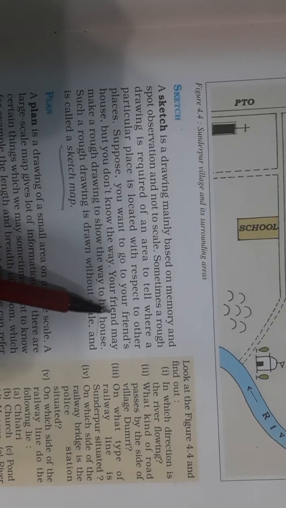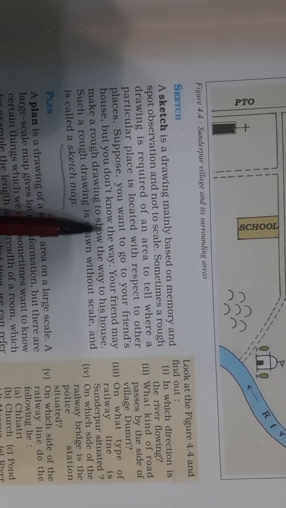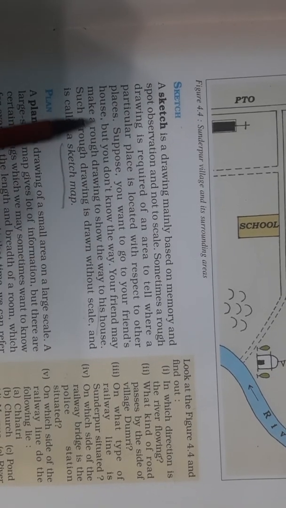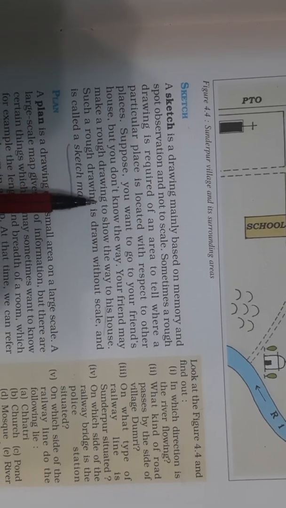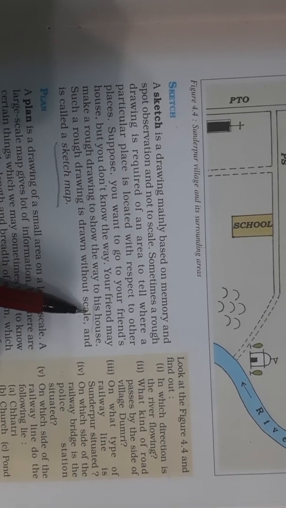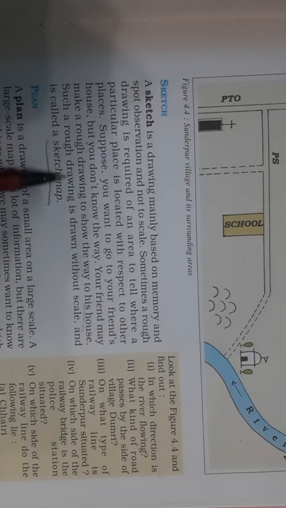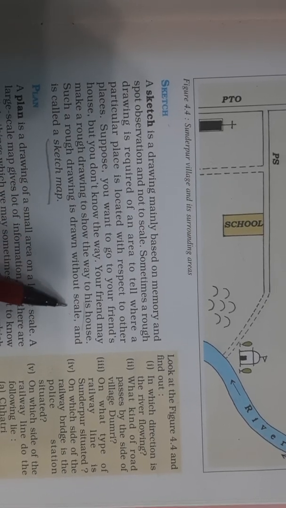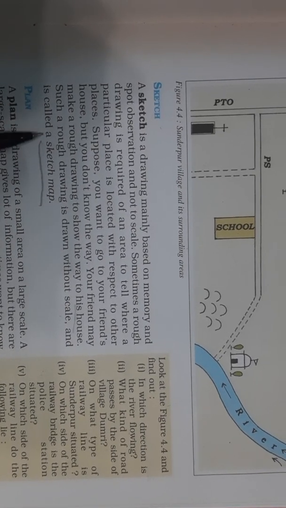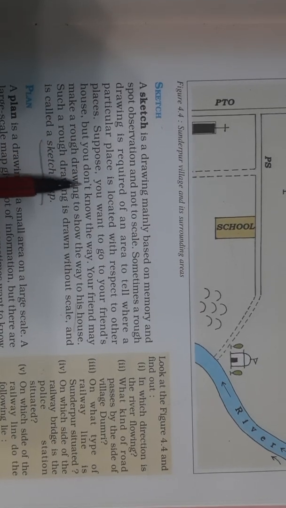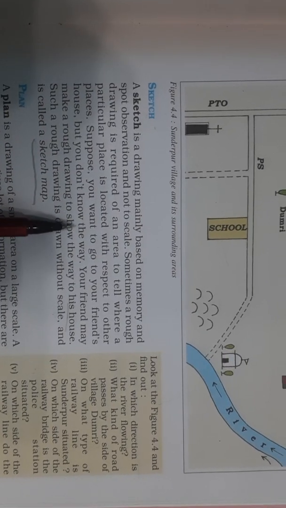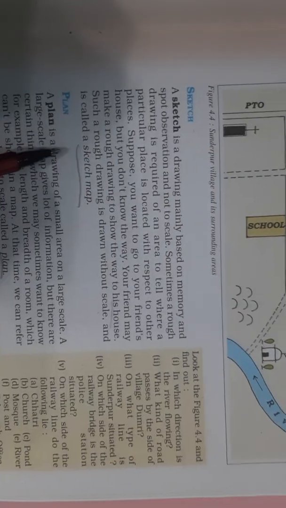Suppose you want to go to your friend's house but you don't know the way. Your friend may make a rough drawing to show the way to his house. Such a rough drawing is drawn without scale and is called a sketch map. So sketch is a rough diagram to show the place to somebody.